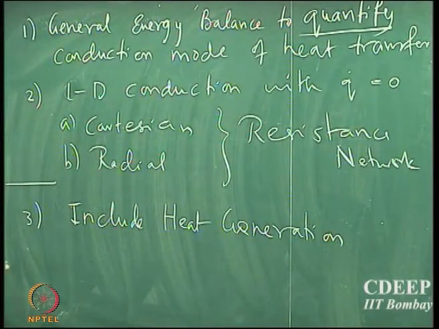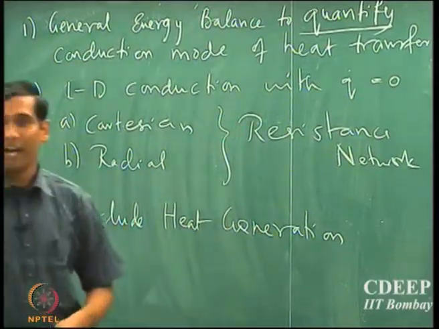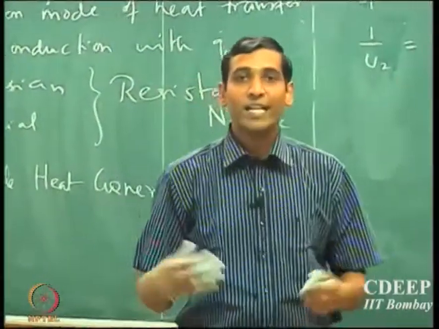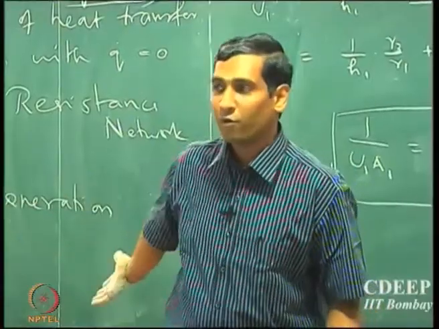What we are going to see now, in the next 5 minutes and in the next lecture, which starts 10 minutes from now, is what happens when you include heat generation. We so far assumed that heat generation is 0. How would the analysis we have done so far look slightly different?